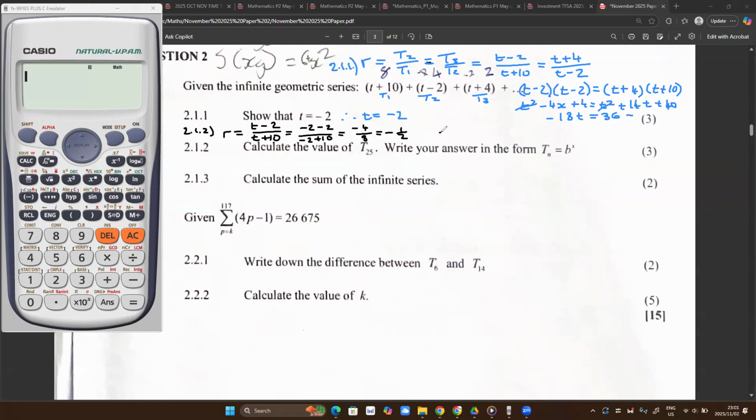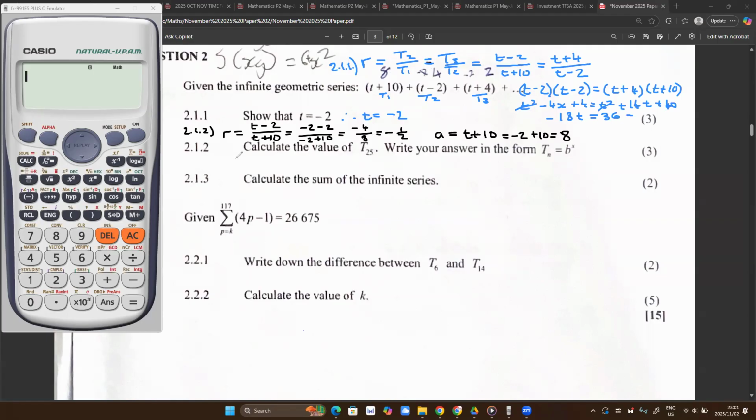And our first term, our a, is equal to t plus 10, which is negative 2 plus 10, which is 8. Okay, so 8. So we know that this guy here was correct: 8, negative 4 and 2. So excellent. Looks like he got this question correct.